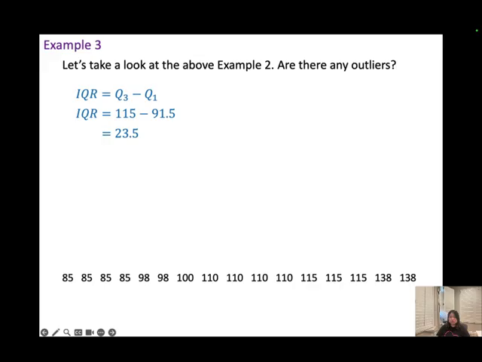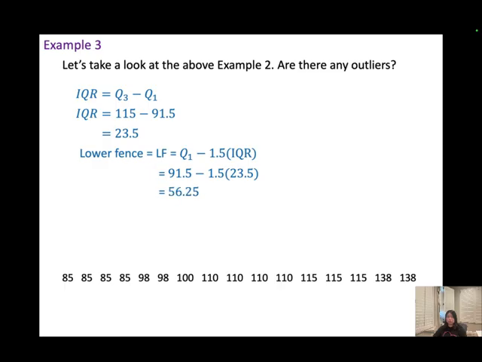And then we determine the lower fence, LF. Use the formula Q1, which is 91.5, minus 1.5 times your IQR. So you're going to get 56.25.